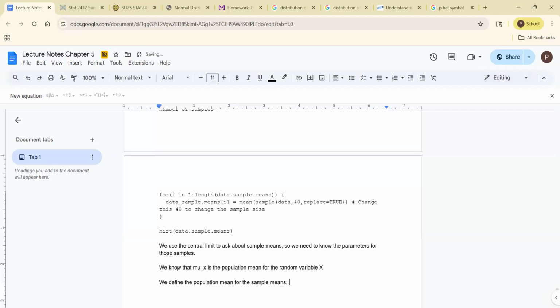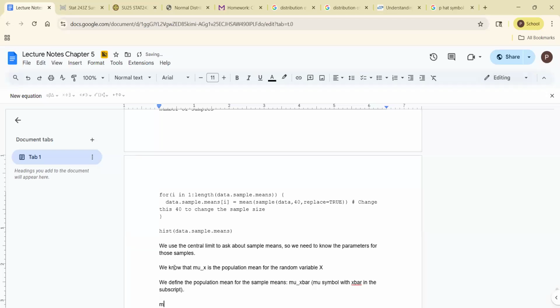We define the population mean for sample means to be mu sub x bar, which you have written in your textbook. This is the mu symbol with the x bar in the subscript.